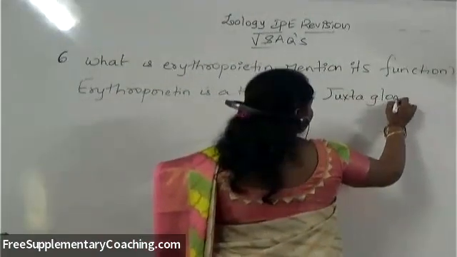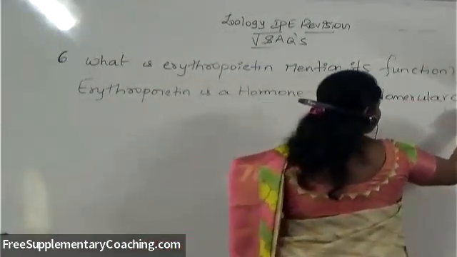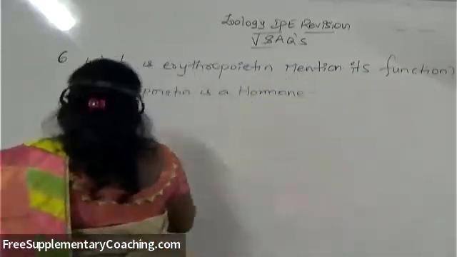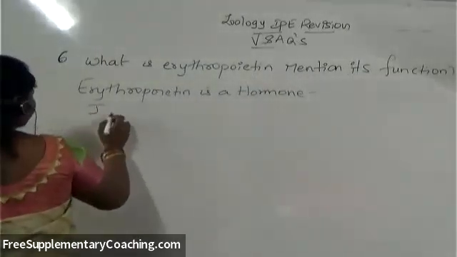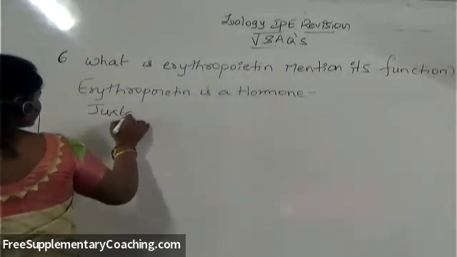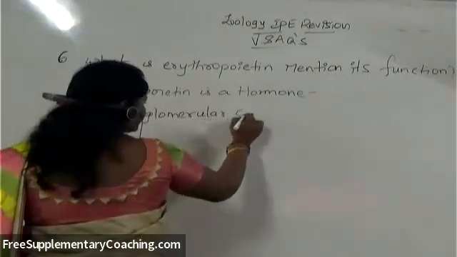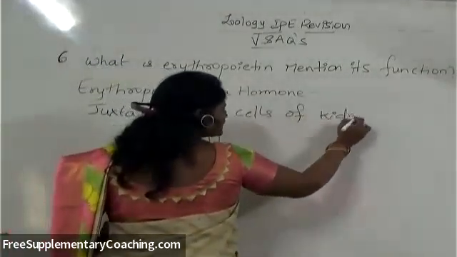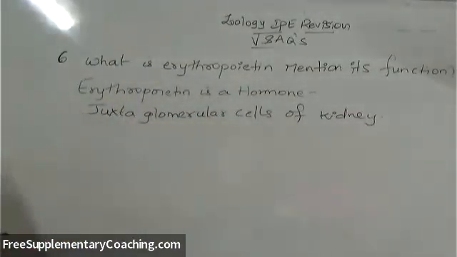Juxtaglomerular cells. So let me write here. They are secreted by juxtaglomerular cells of the kidney. And for the function, the name itself indicates: erythro, red blood cells, poiesis, production.